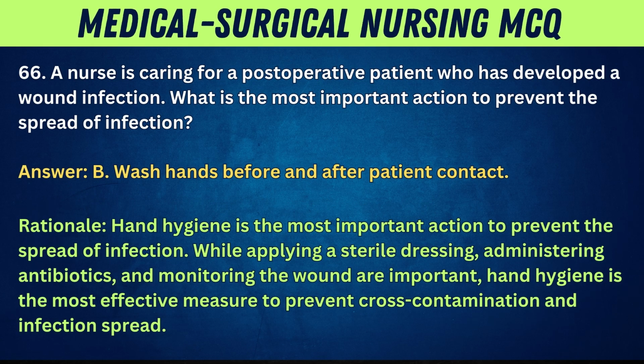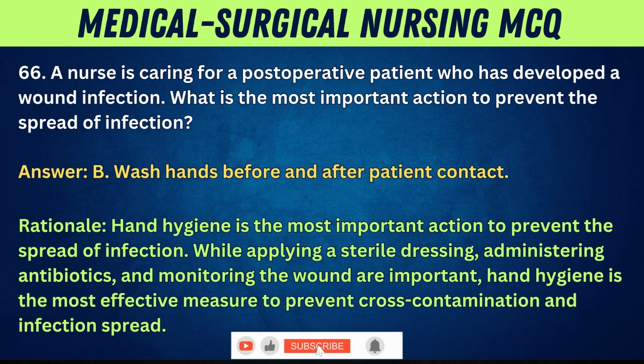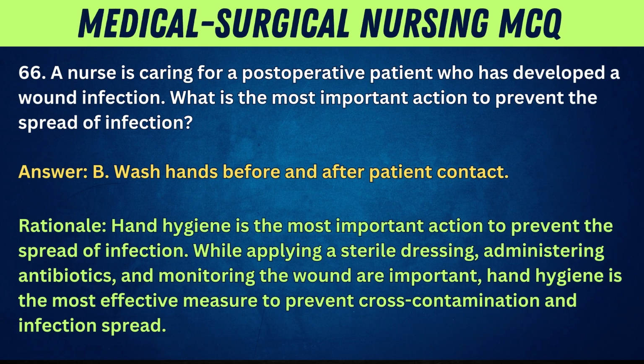Answer: B. Wash hands before and after patient contact. Rationale: Hand hygiene is the most important action to prevent the spread of infection. While applying a sterile dressing, administering antibiotics, and monitoring the wound are important, hand hygiene is the most effective measure to prevent cross-contamination and infection spread.